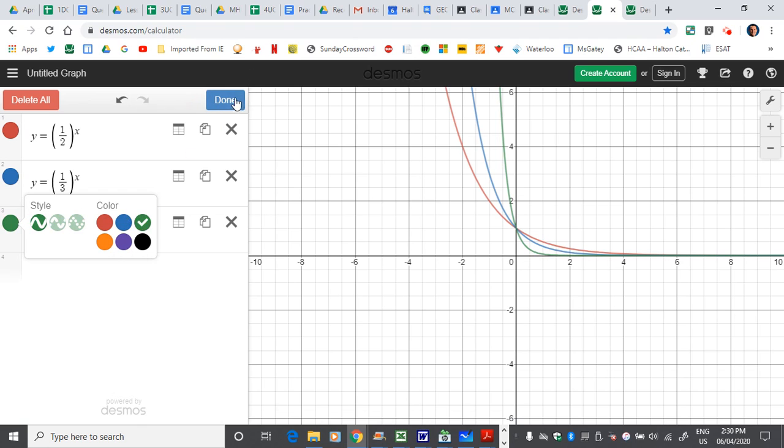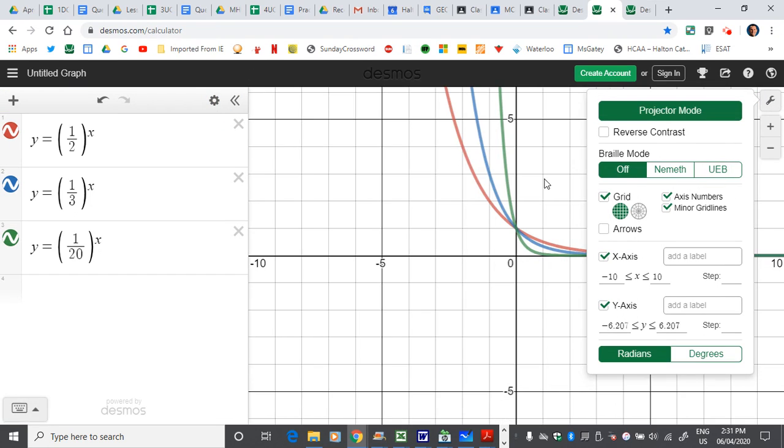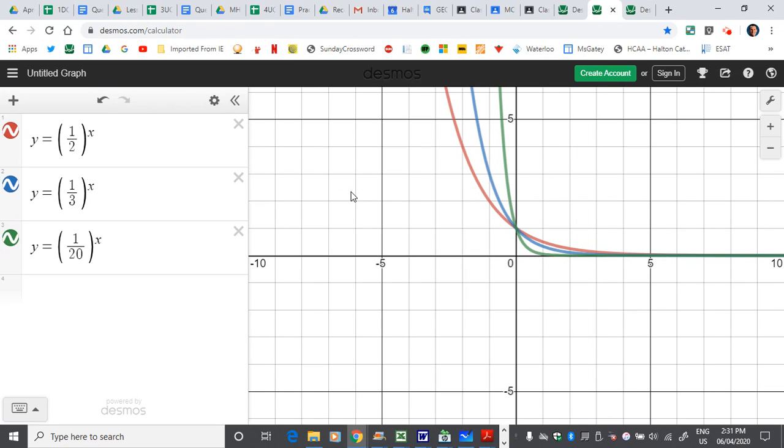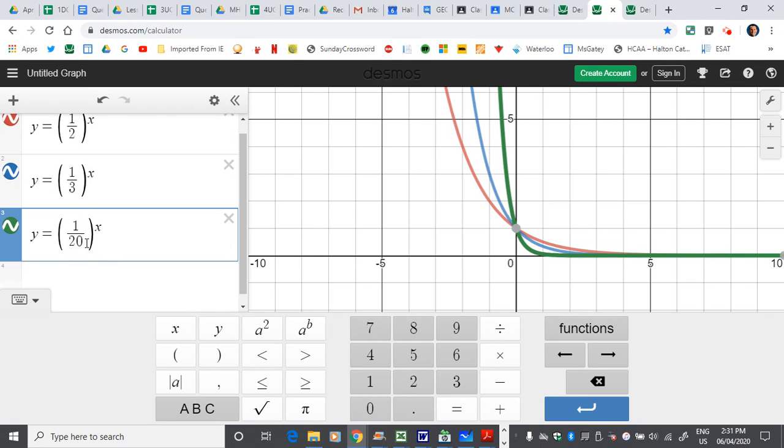And if I change that color so we can tell the 3 of them apart, then you'll notice that the same thing is true as what we found before, but in the opposite direction. That now, as the base of my graph goes from 1/2 to 1/3 to 1/20th, as I make the base of my graph smaller, my graph becomes steeper.